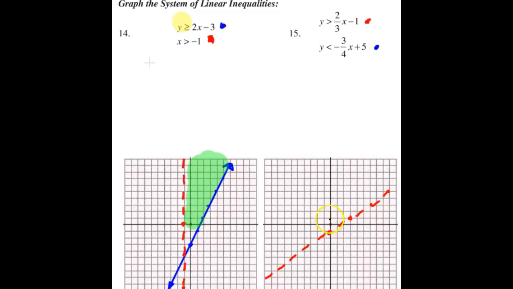Go up 5. 1, 2, 3, 4, 5. And we're going to go down 3 and right 4. 1, 2, 3, and right 4. 1, 2, 3, 4. Do it again. Down 3, right 4. All right. This is also a dashed line. So we've got many dashed lines here.